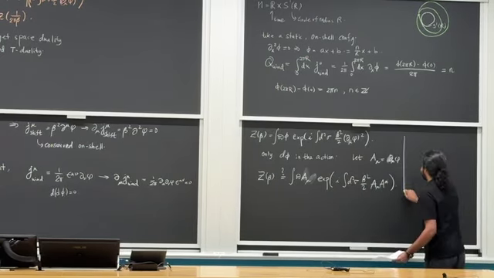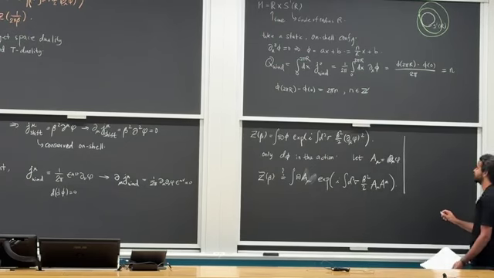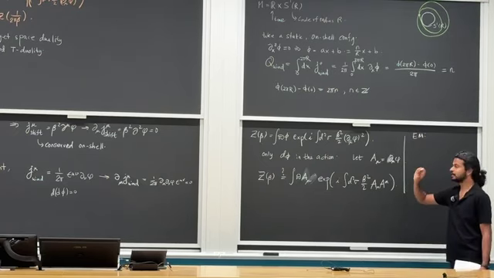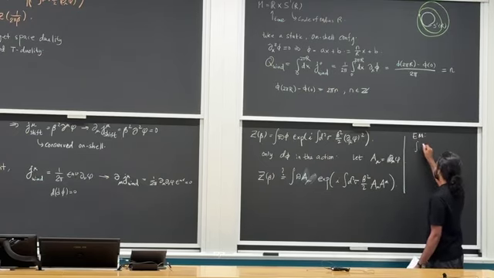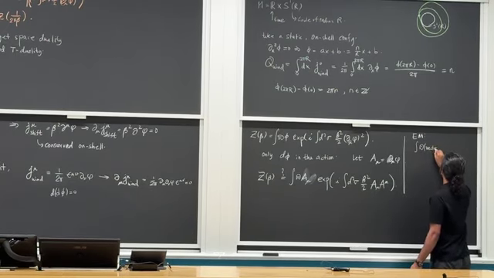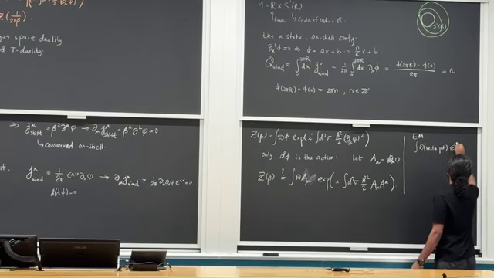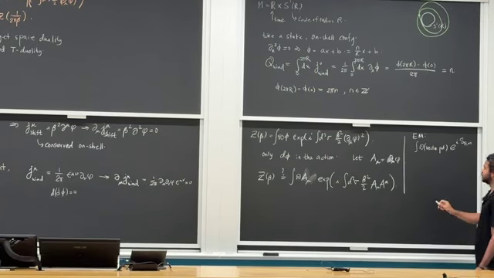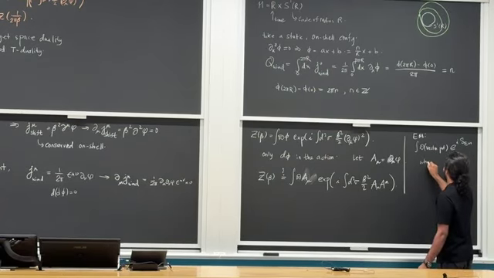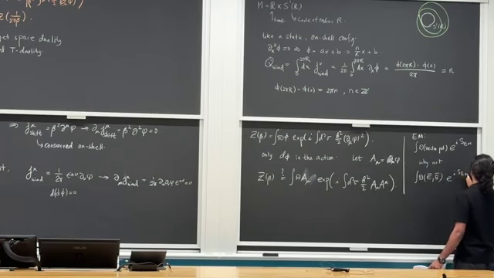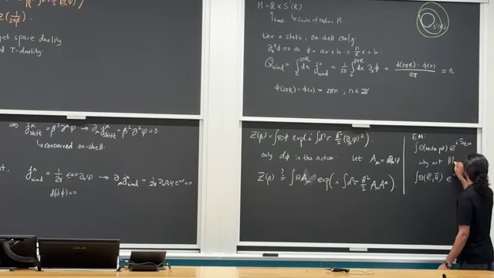But let me make an analogy, then maybe it will be even more clear. In electromagnetism, if you're trying to compute a path integral, we integrate over the vector potential, e to the i S electromagnetism. What I'm trying to say is, why not integrate over electric field and magnetic field, e to the i S? Are these equal?